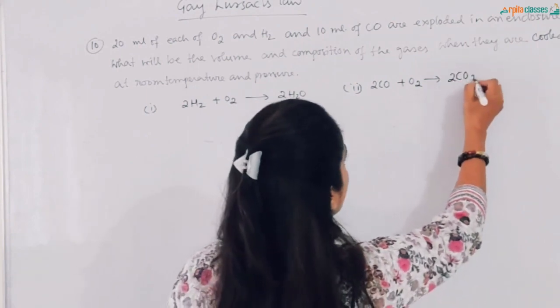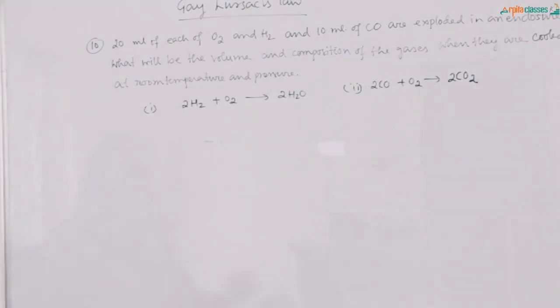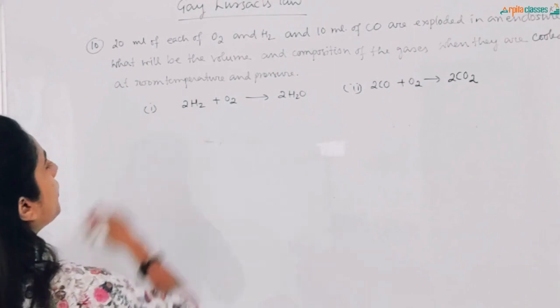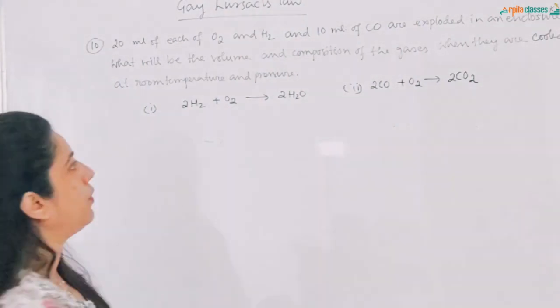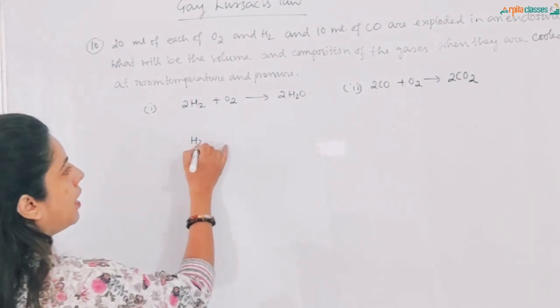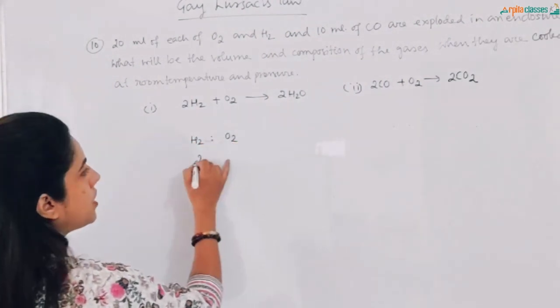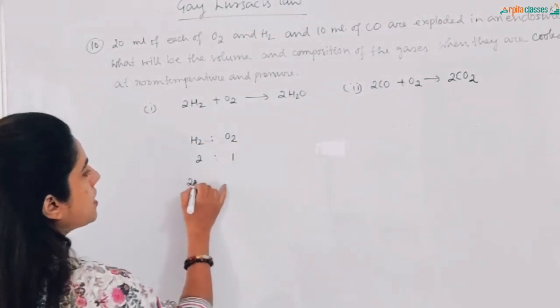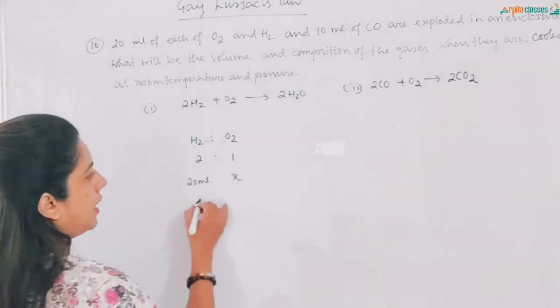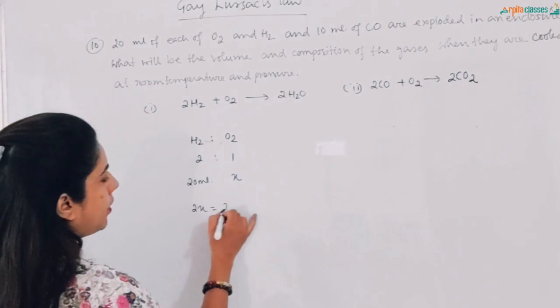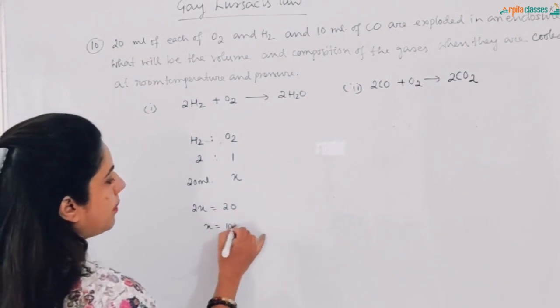Now for the first one, 20 milliliter of oxygen is there and 20 milliliter of hydrogen is there. The ratio between hydrogen and oxygen is 2:1. So if this is 20 milliliter hydrogen, how much oxygen will be reacting? It is 2x equal to 20, or x is equal to 10 milliliter.